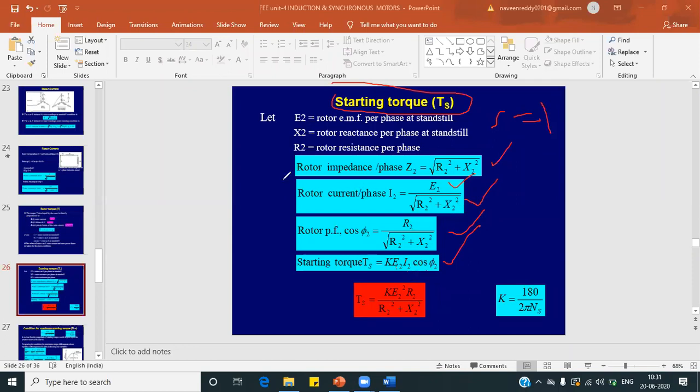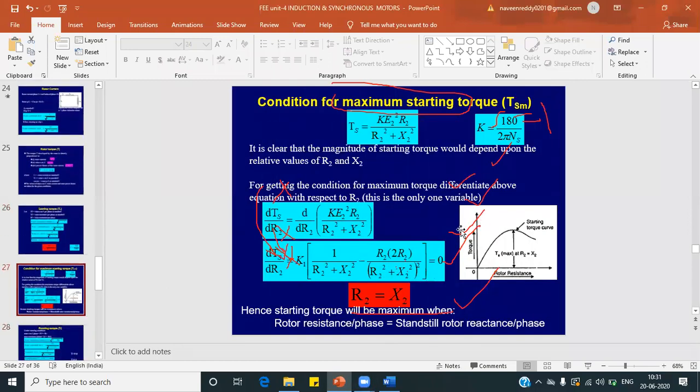If you substitute I2 and power factor in this equation, you would get the starting torque as this. Coming to next slide.